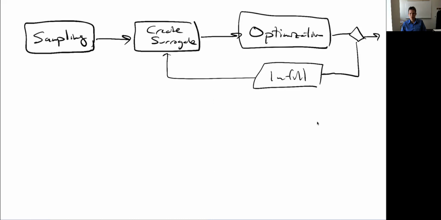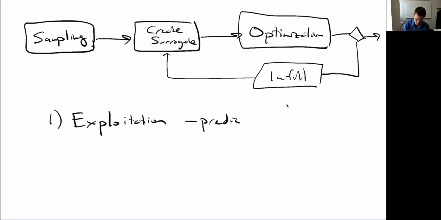There are many variations, but two broad categories are to do exploitation, meaning we're going to try to get to the minimum quickly. And that's going to be using a prediction. It's prediction based on where the optimization tells us the best points are.